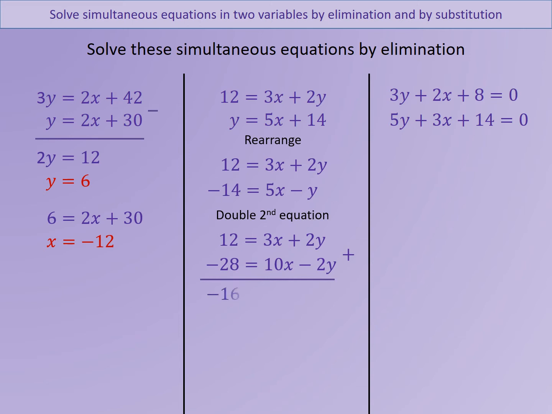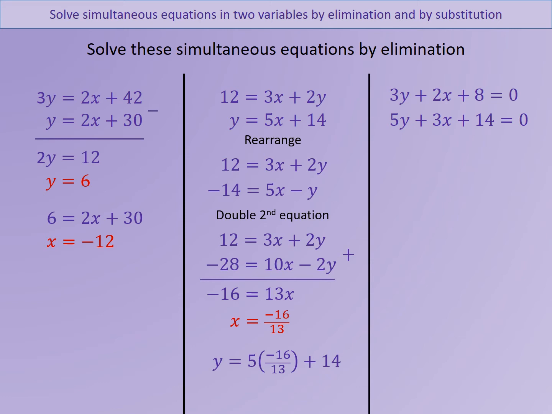Adding together, 12 add minus 28 is minus 16, 3x add 10x is 13x, and not straightforward in terms of not an integer answer, but x does turn out to be minus 16 over 13, and at A level, don't be surprised to get awkward fractional values like this. Take that value of x, put it into either of the two equations. I'm choosing the second of the original equations.